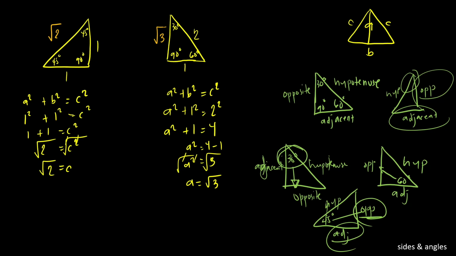So kung 45 degree yung angle na pinofocus mo, kung ano ang kanyang opposite, yun yung kanyang value. And then kung saan yung baba niya, yun yung adjacent. While the opposite of the 90 degree is always the hypotenuse because the hypotenuse is always the longest side of the triangle. Okay?